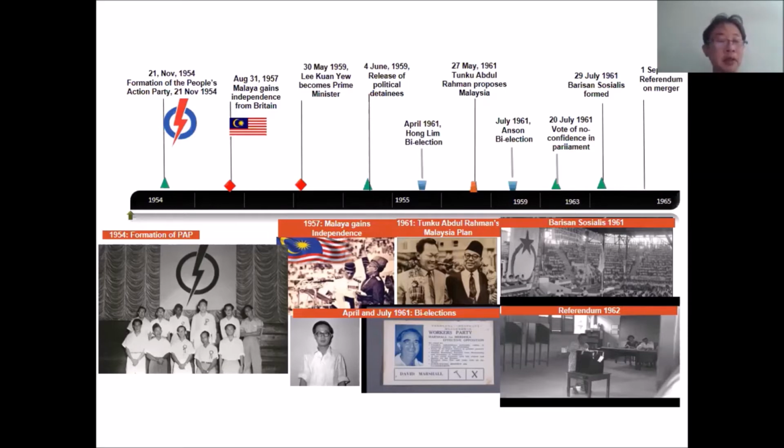The PAP was formed on 21st November 1954. It is a mixture of many groups of political leaders and people who felt very patriotic about achieving independence for Singapore. But it was divided into factions and groups. One faction was English educated, and they had their faith in Lee Kuan Yew as their leader.